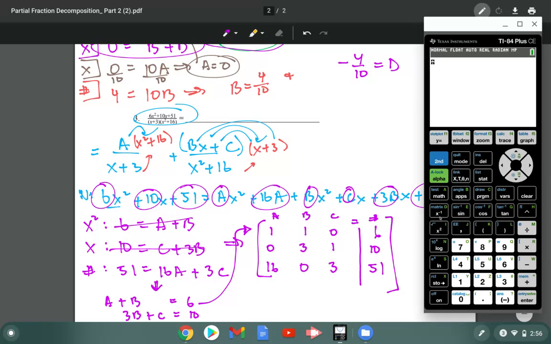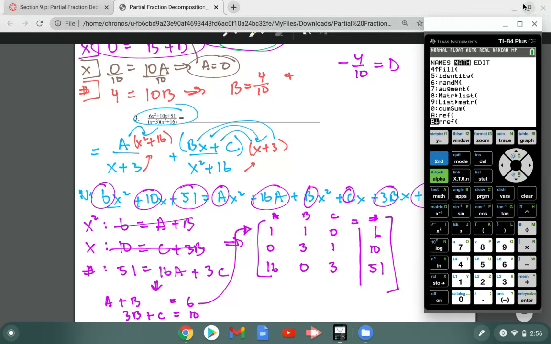I'm going to go back into matrix. I'm not going to go to edit this time. Now I want to do some math on it. So I'm going to go ahead and go over to math, and I want row reduced echelon form. This one, RREF.